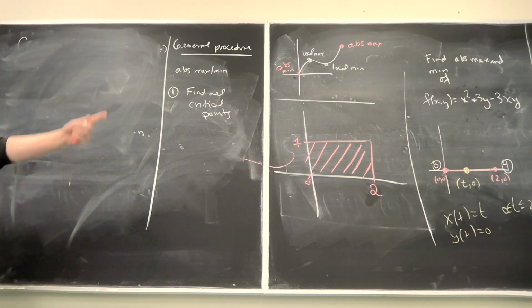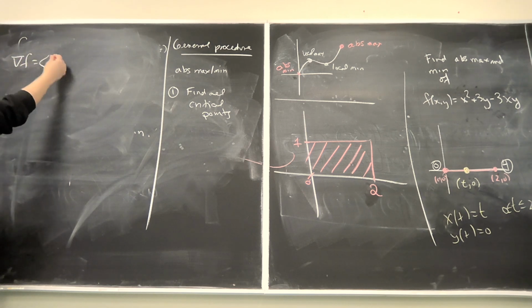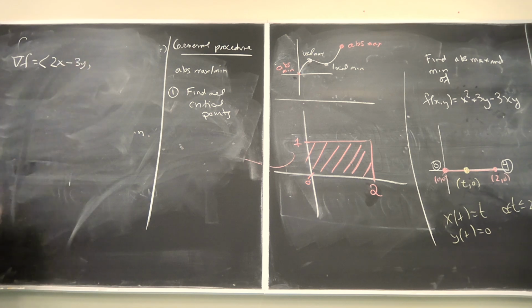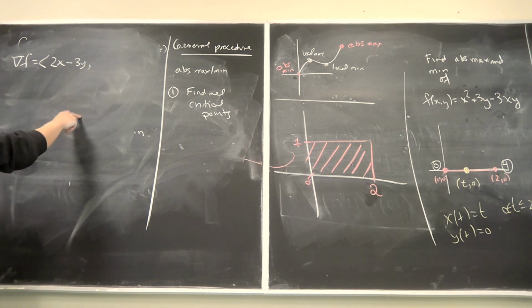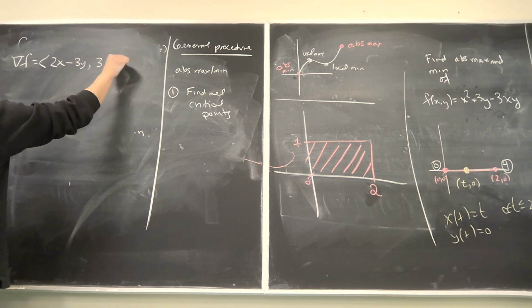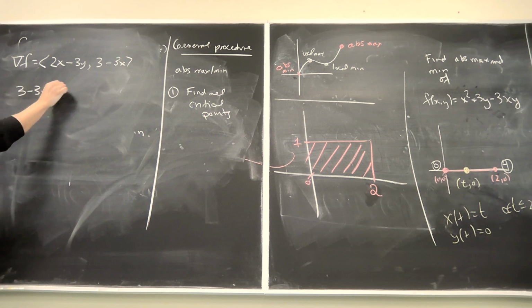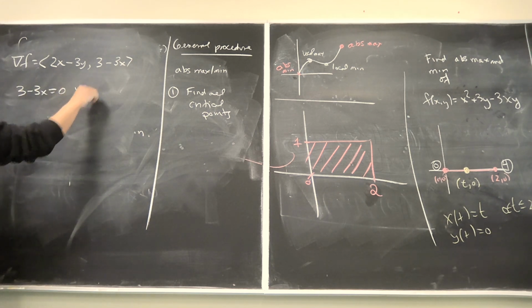All right, so the critical points of the original function are where the gradient of f is equal to 0. The derivative with respect to x is 2x minus 3y, is that right? And then the derivative with respect to y is 3 minus 3x. So the gradient of f will be equal to 0 when 3 minus 3x is equal to 0, which means x is 1.